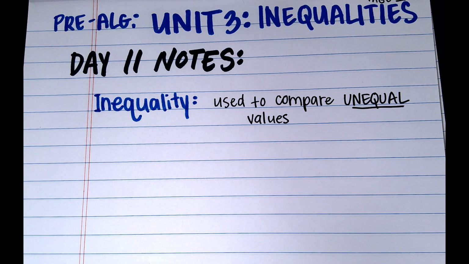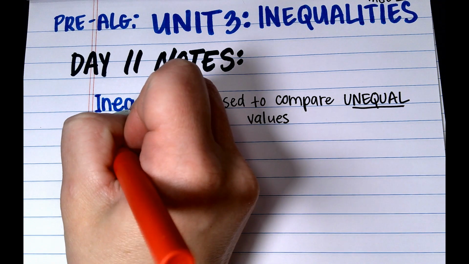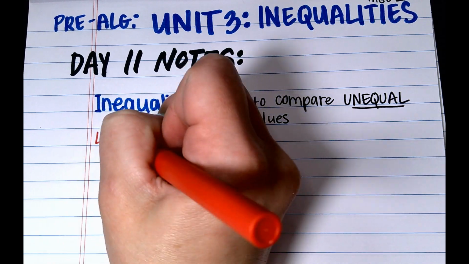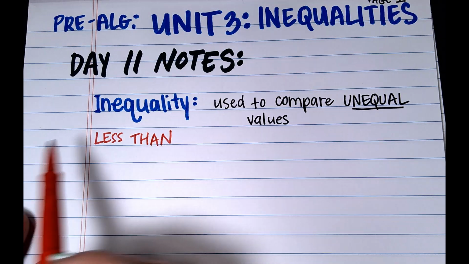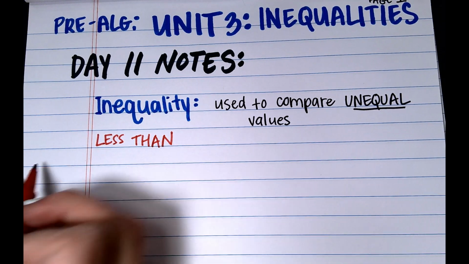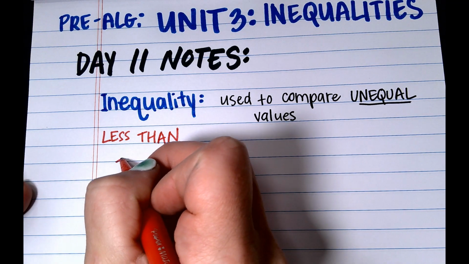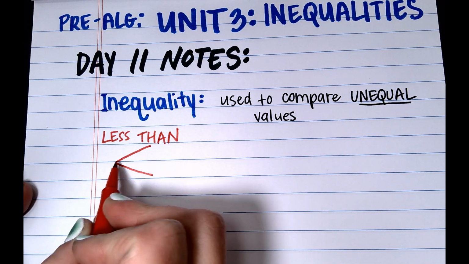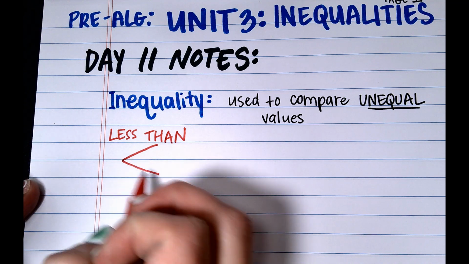And then we want to also write a little note about less than versus greater than, just to have it on our paper. So I'll write in red, less than. If we start from left to right, the less than has the smaller, closed end coming first, and then it gets bigger as it opens.